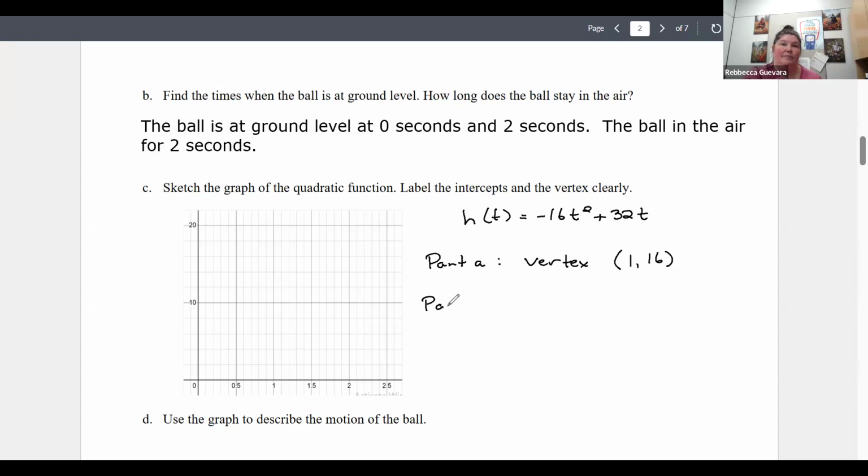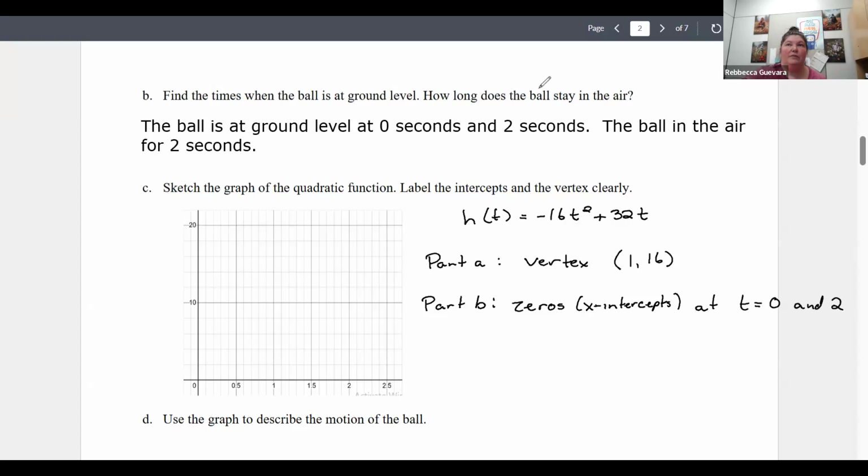Part B, that was my zeros, or t-intercepts. So we had those at t equals 0 and 2. So we want to label the vertex and intercepts.